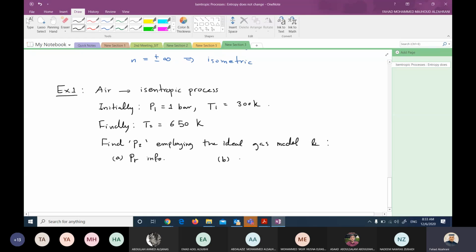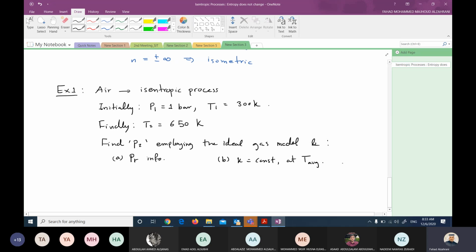The second approach is to find P2 using K equal constant, evaluated at the average temperature. So again, I have air going through an isentropic process from P1, T1 to a final temperature T2. Find the final pressure using the ideal gas model and the PR information, and the second approach using the constant specific heat ratio evaluated at the average temperature.